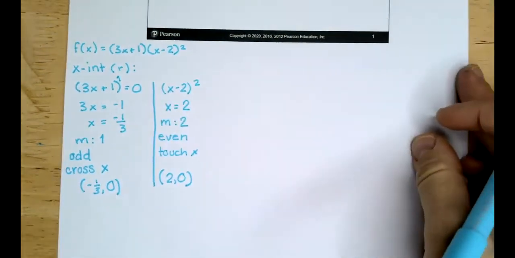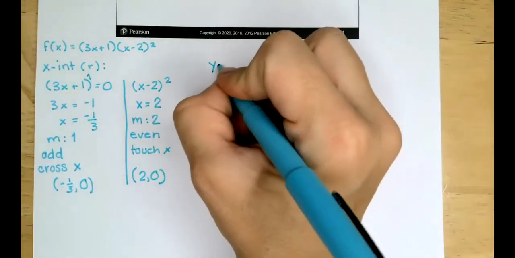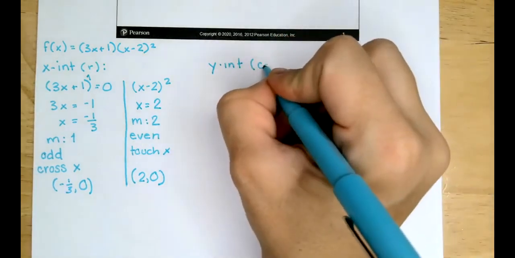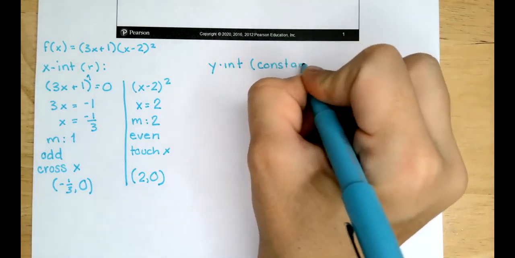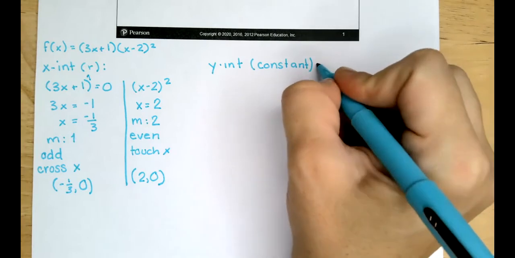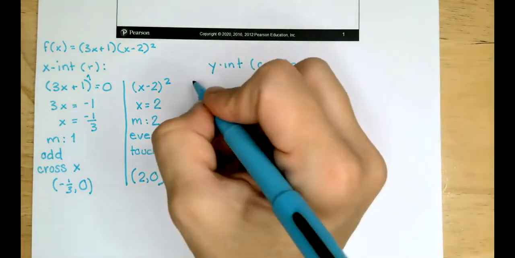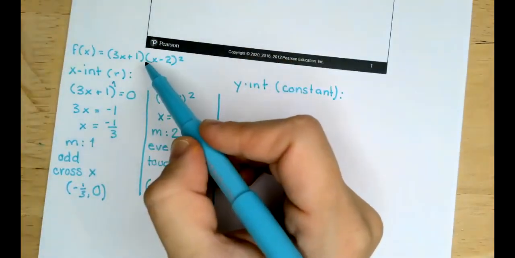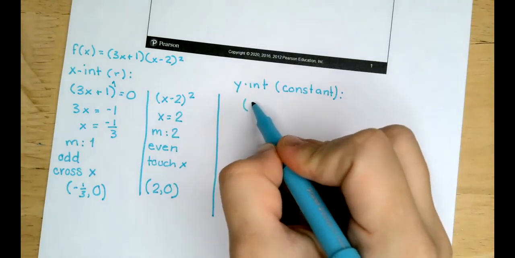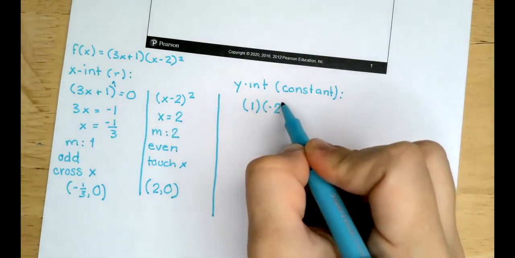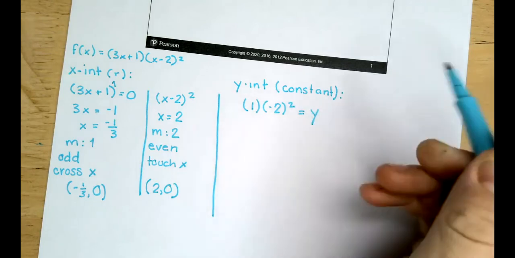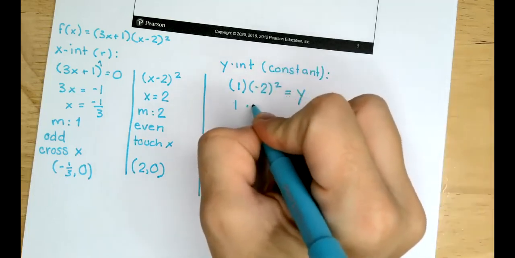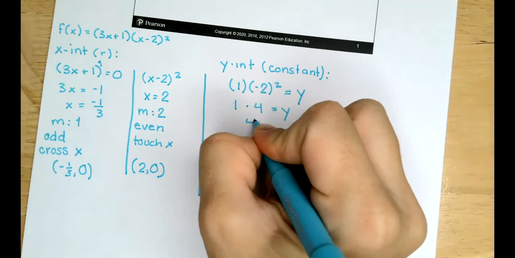Now let's find our y-intercepts. Our y-intercepts are also our constants. Here we have a +1 and a -2 squared. So we have 1 times -2 squared is our y. That would be 1 times 4, which is just 4.